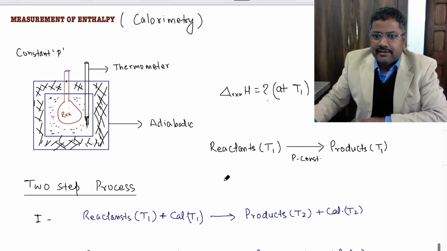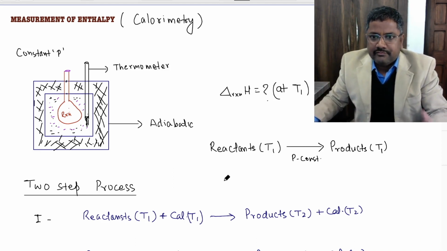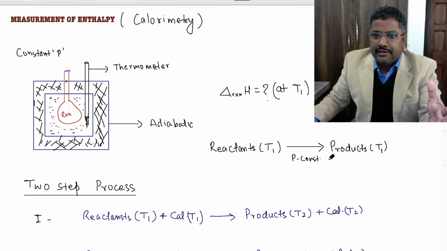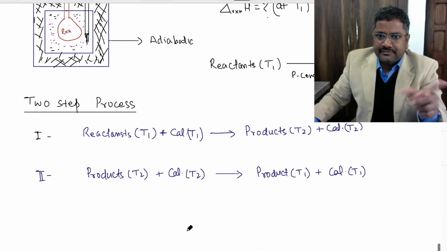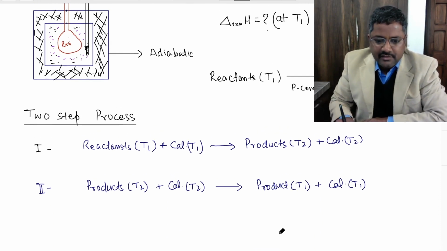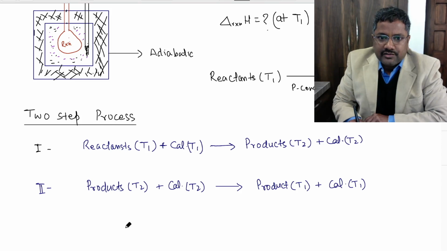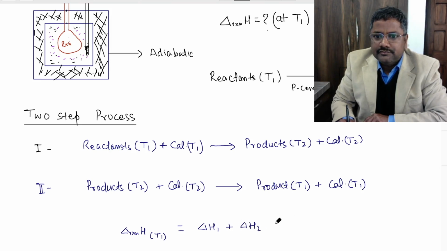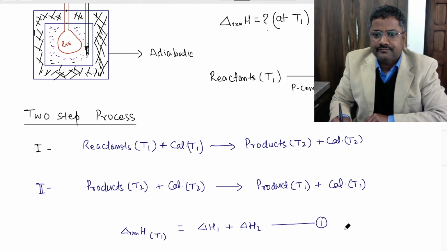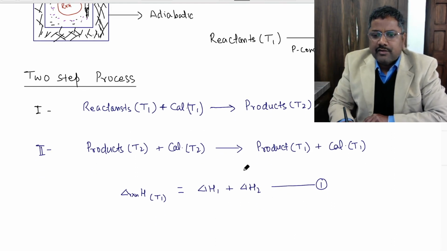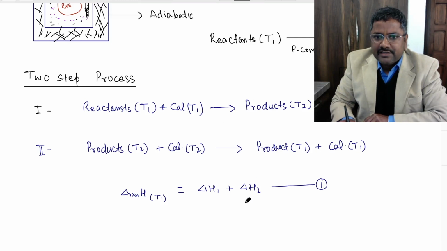Basically, I have broken this whole process into two steps: first, and this is the second step. So delta H of reaction at T1 is equal to delta H1 plus delta H2. This is very simple, because this is an extensive property and a state function, so you can very easily calculate. Now see, pressure is constant.